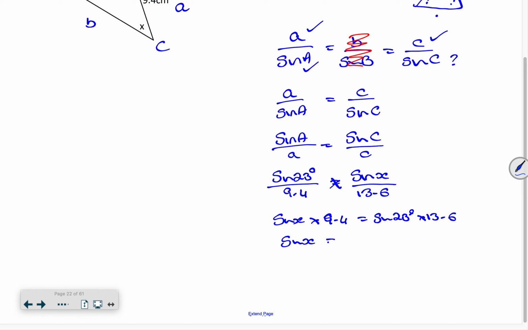So we get sine x is equal to sine 23 times 13.6 over 9.4. So let's get a value for sine x then. Go to your calculator. Remember, make sure your calculator is in degrees mode. So multiply sine 23 by 13.6, then divide by 9.4, and it gives me 0.565.